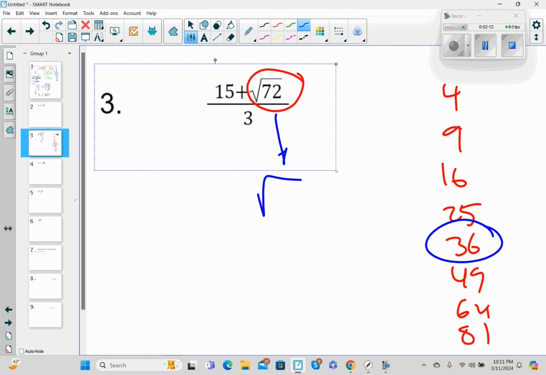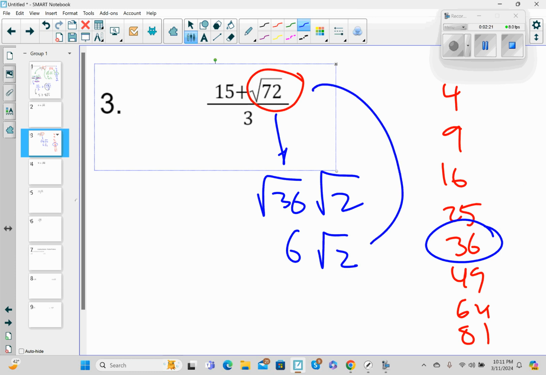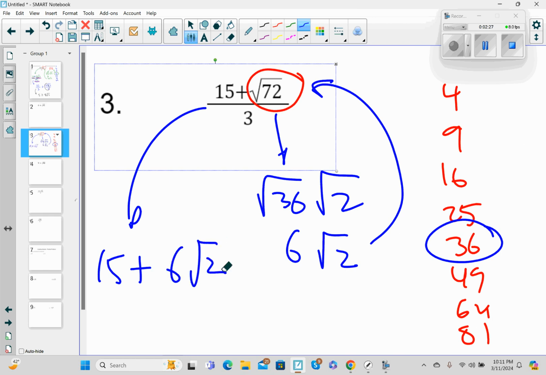That becomes the square root of 36 times the square root of 2, and the square root of 36 is 6. So now we put that back up here, and we'll get 15 plus 6 square root 2 over 3.